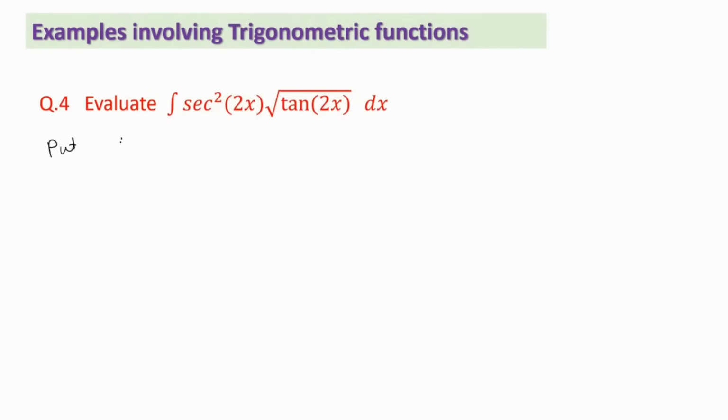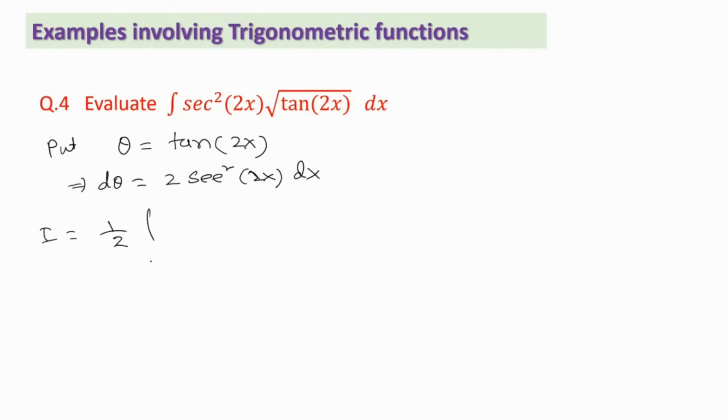Put theta is equal to tan 2x. Then we have the derivative here: d theta is equal to secant squared 2x dx. So therefore our I is equal to half, then secant squared 2x dx is d theta, and this is equal to square root of theta.